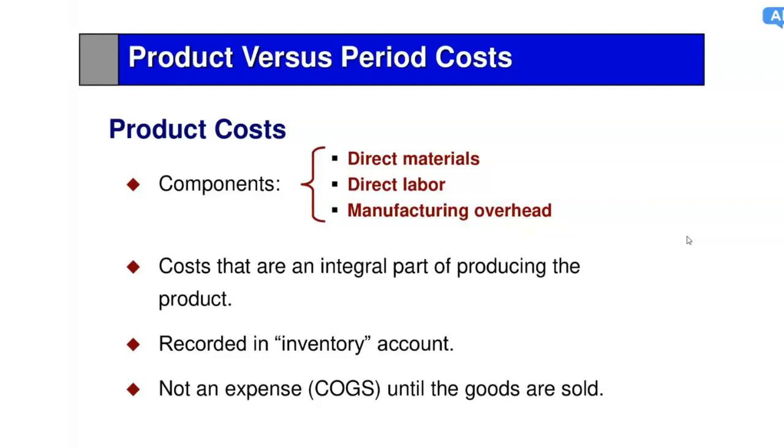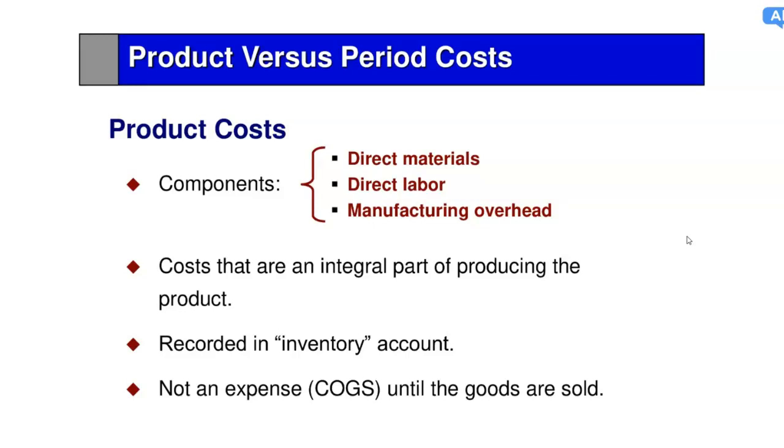Now, in a manufacturing company, we have two categories of costs. Of course, there are product costs. That includes all the costs that went into manufacturing my product. And those costs are classified as direct materials, direct labor, and manufacturing overhead.